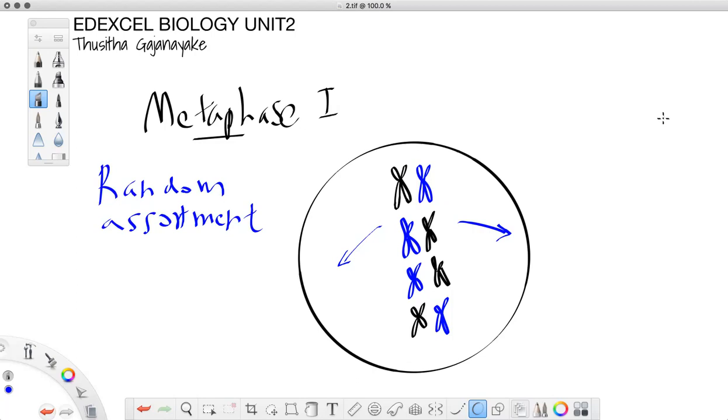So there would be no difference. Since it is arranged like this, mother and father chromosomes are all mixed in different ways in a very random process. This is the second event that brings the variation.